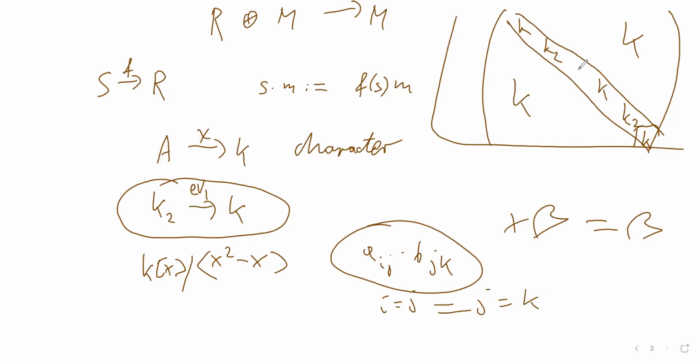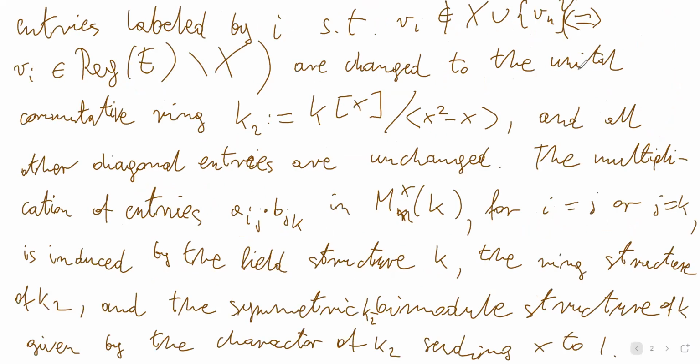Okay, so to end the story, now we also need to explain how we multiply off-diagonal entries. Okay, because you see, the previous cases were for the assumption that i is equal to j or j is equal to k. So now we have an assumption that both of them are different. So i is different from j and j is different from k. All right. So that's the last case to consider.